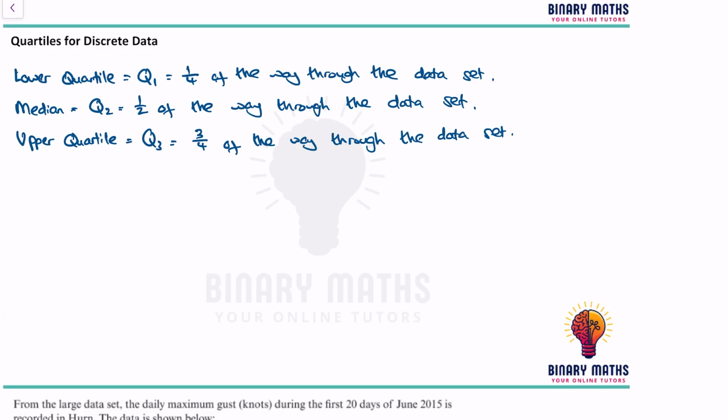Now we can have the 13th percentile, for example, which is denoted as P13, is 13 over 100 of the way through the data set.